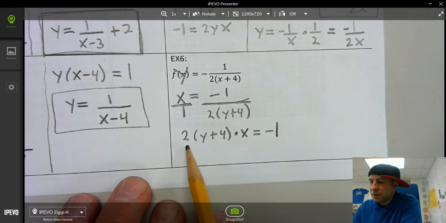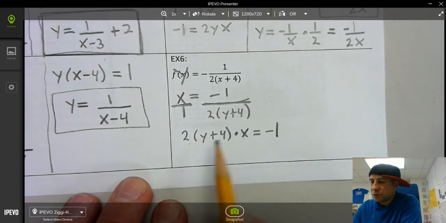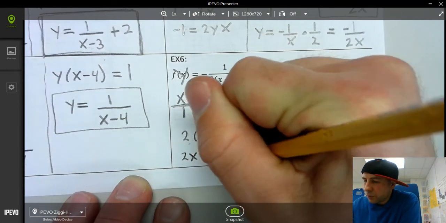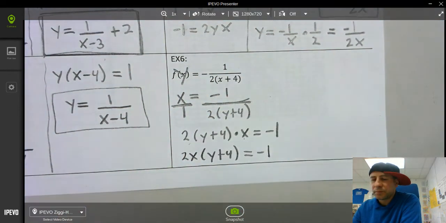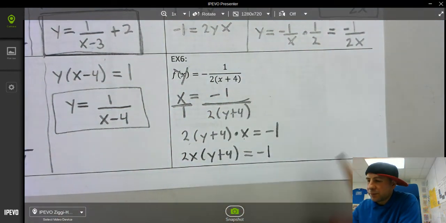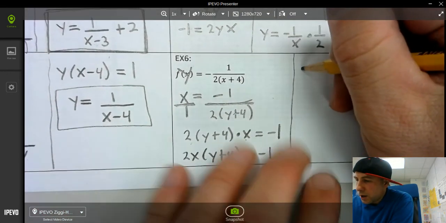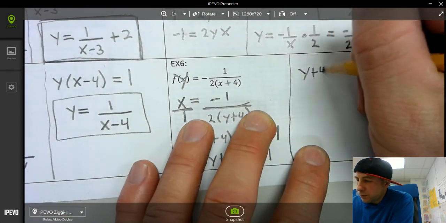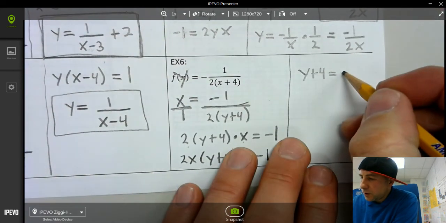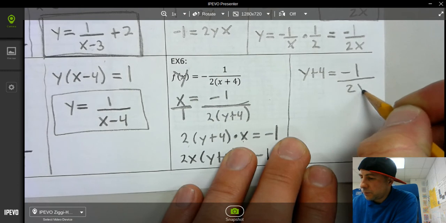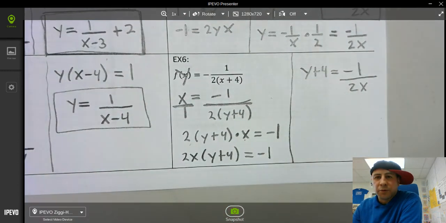Now, in multiplication, I can rearrange the order, so I'm actually going to write this as 2x times y plus 4 equals negative 1. Then I'm going to divide both sides by 2x. So you get y plus 4 equals negative 1 divided by 2x. And then we're going to subtract 4 from both sides.